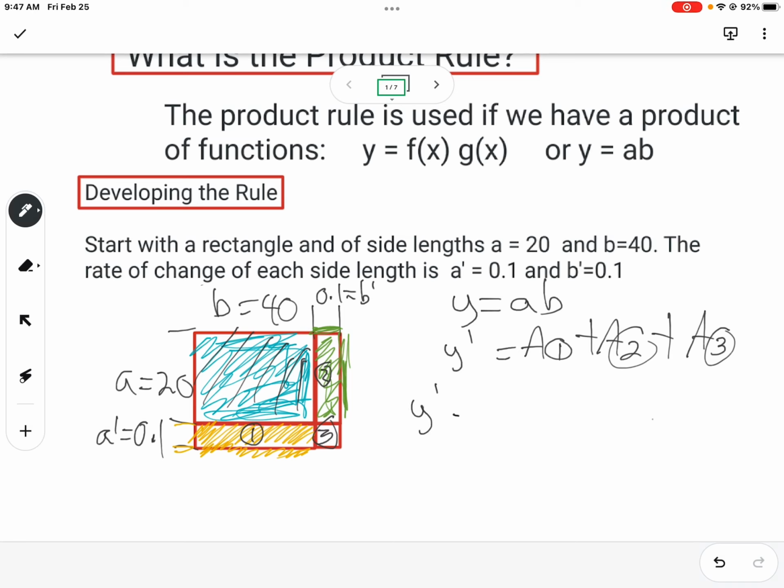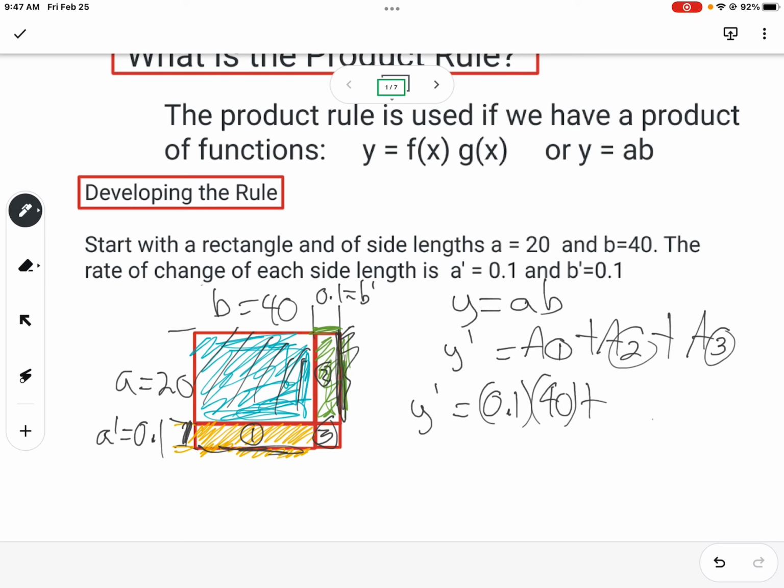Y prime is now going to equal, the area of 1 is 0.1, this 0.1 right here, multiplied by 40. Plus, now I have to get this rectangle up here, that one. And it's 20 tall, right?